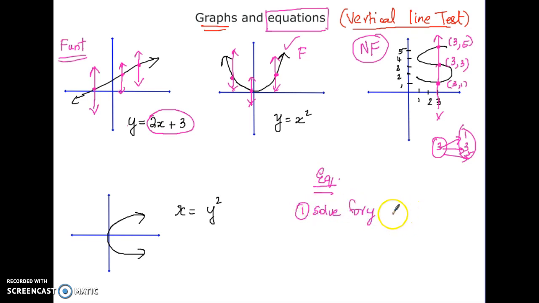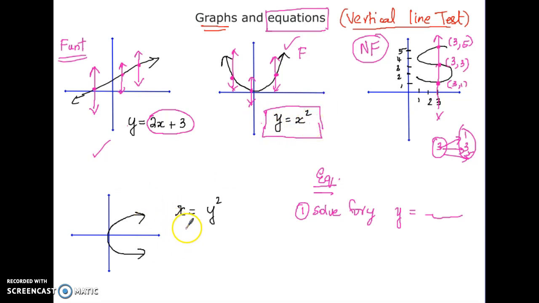That means your equation must be in the form y equals some expression, and that y must be a single expression. So this one is a function because y equals the expression 2x plus 3. The second one is a function because it's y equals x to the second power. This equation is a function. I only get one y for one x.